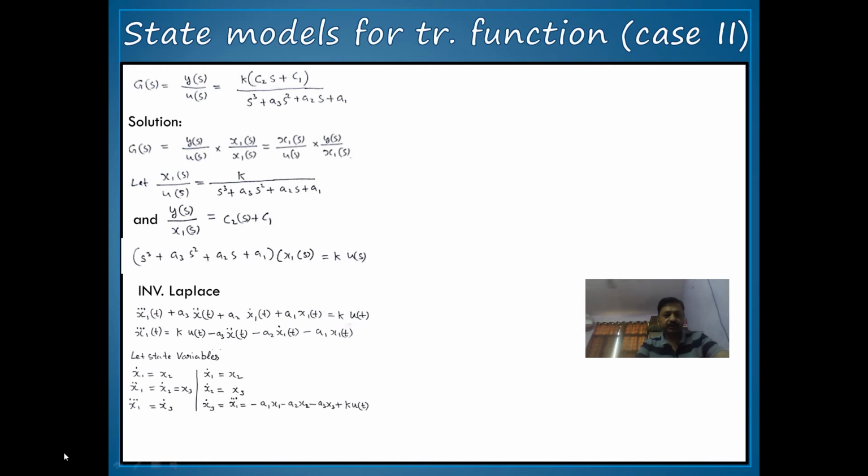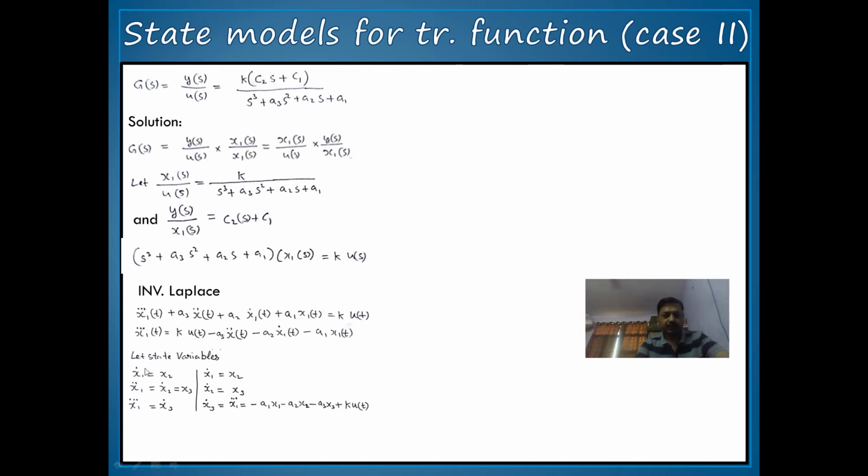Now, let the state variables be defined. Initially we have converted this equation into the time domain, and after that we have to take these assumptions, as we have taken earlier also, to convert this transfer function into the state space equation.